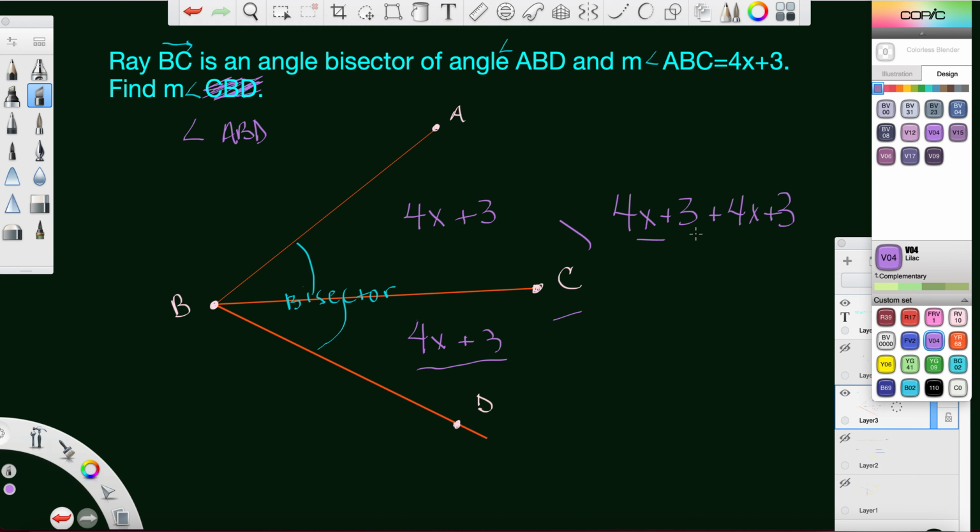Then we put our x's together, and 4x plus 4x is 8x. We put our 3's together, and 3 plus 3 is 6.